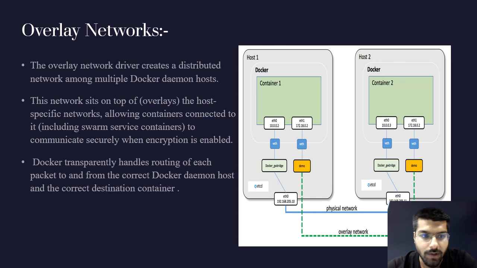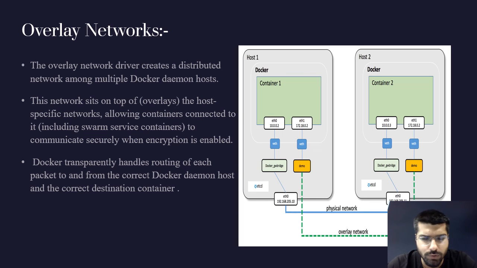Overlay networks. Now over here I'll be talking about the overlay networks. The overlay network driver creates a distributed network among multiple Docker daemon hosts. That means the overlay network drivers are distributedly connected with each other, and they are working for a single Docker host. This network sits on top of the host-specific networks.